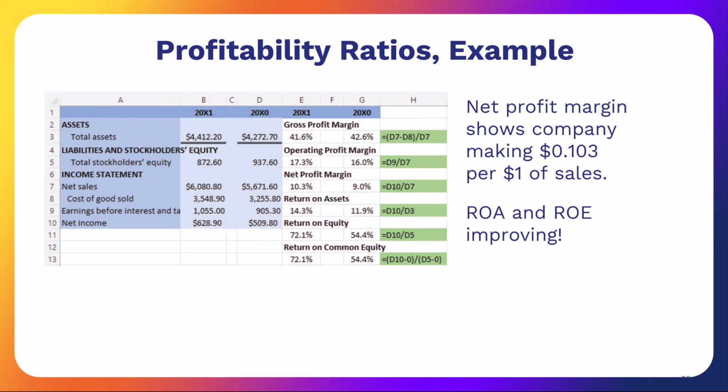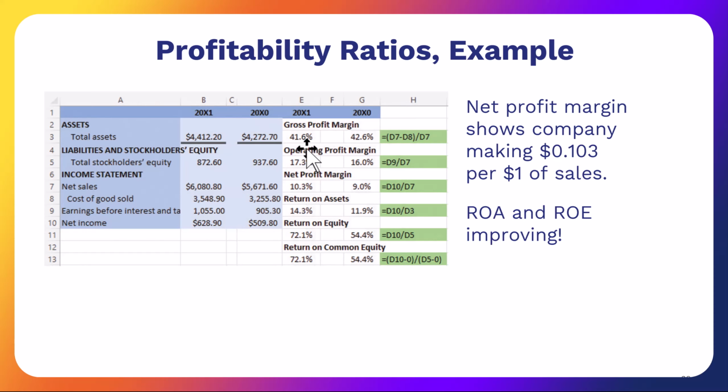Again, as we can plug these numbers into a spreadsheet, we can see how the numbers have changed over time. This was last year, and this is this year, 2000x0 and 2000x1. The company has decreased its gross profit margin. Our ability to control our expenses decreased a little bit.